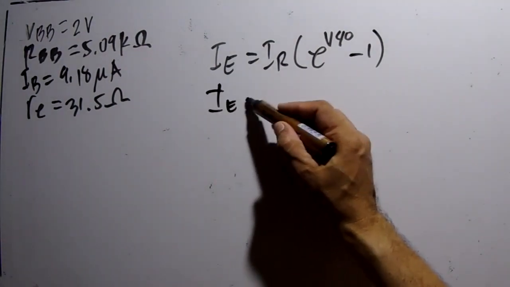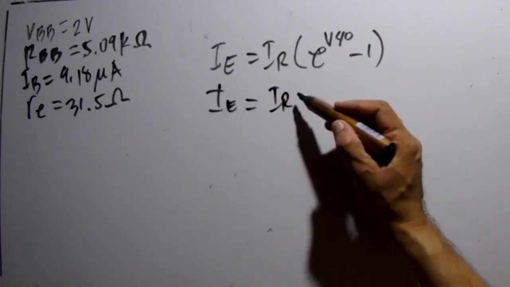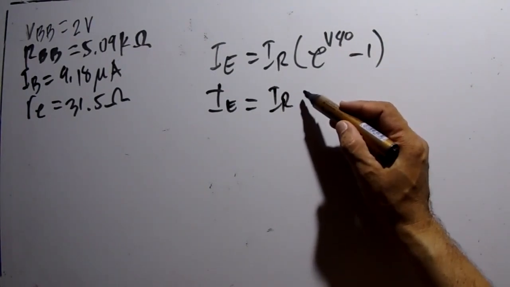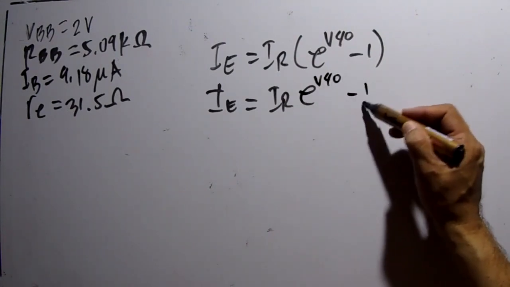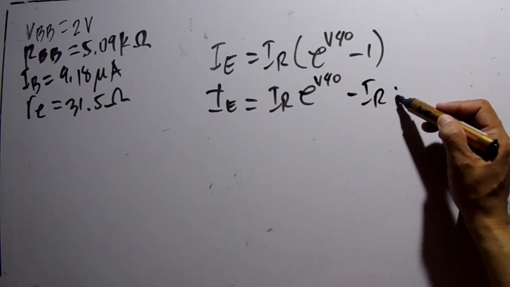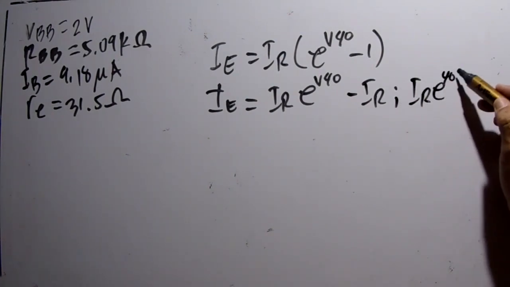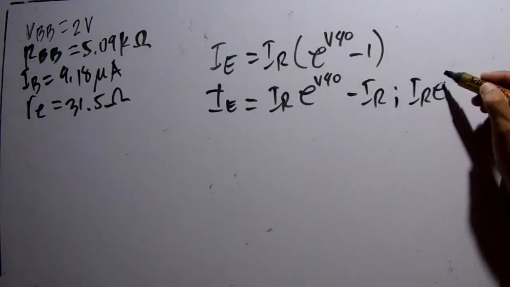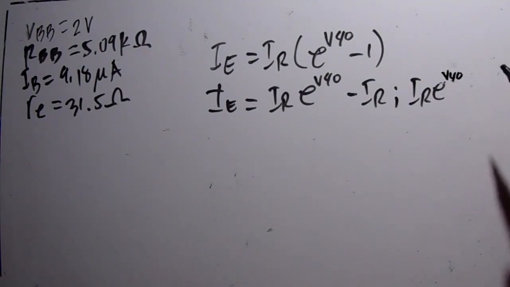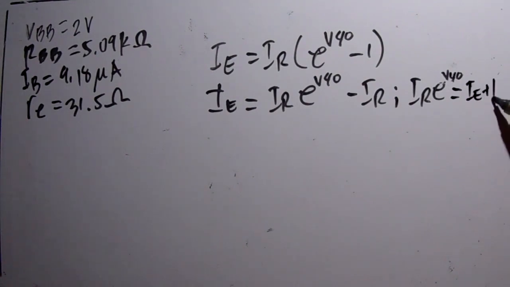Simplifying, we have IE is equal to IR, by distributive property, e raised to 40V minus IR, or simply IR e raised to 40V is equal to IE plus IR.